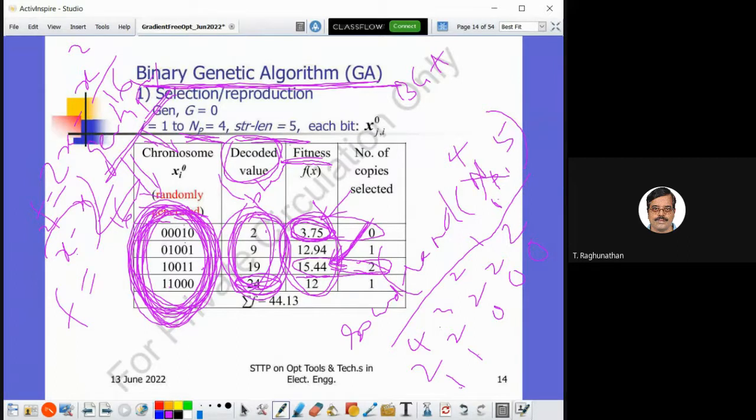My population is fixed at 4, a very small population, only for hand calculation. If the fittest individual has more copies, it automatically means elimination of the weakest.